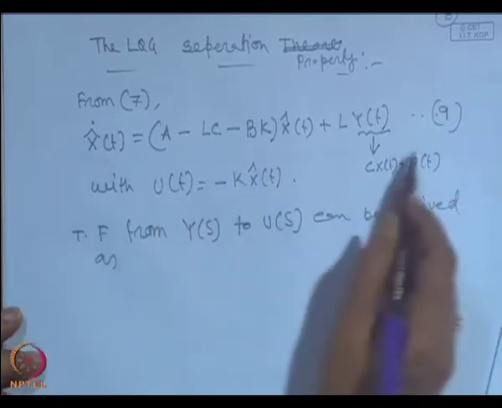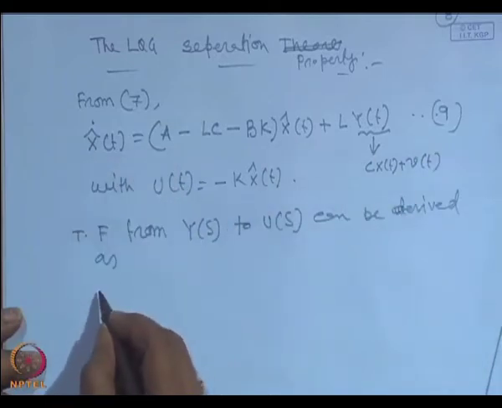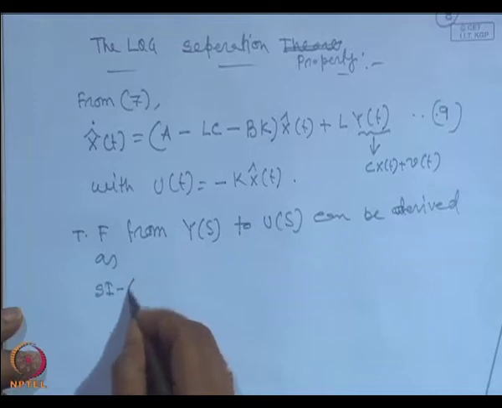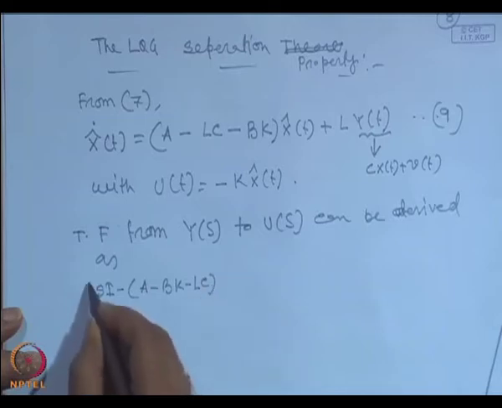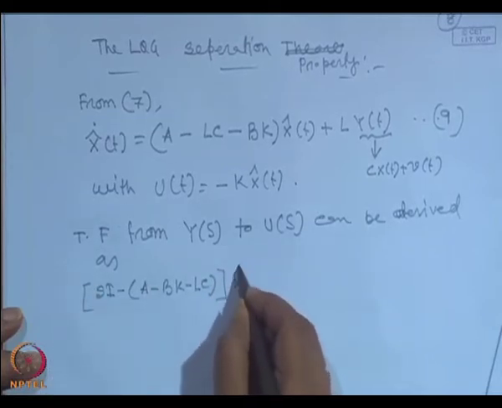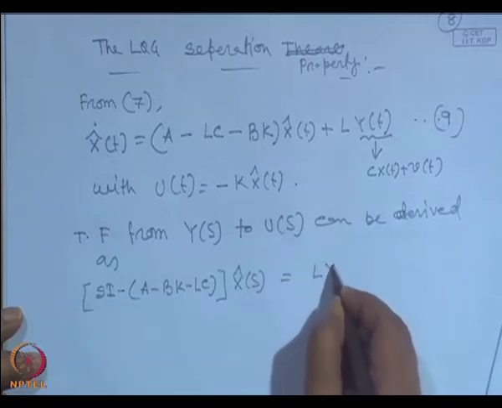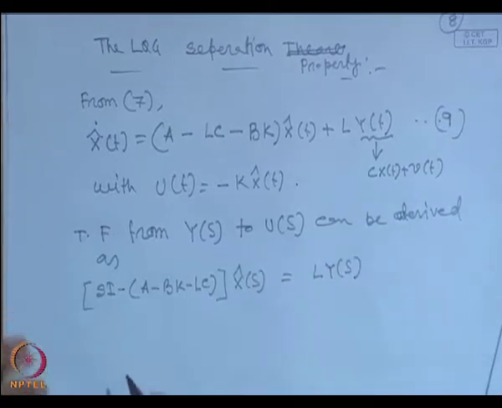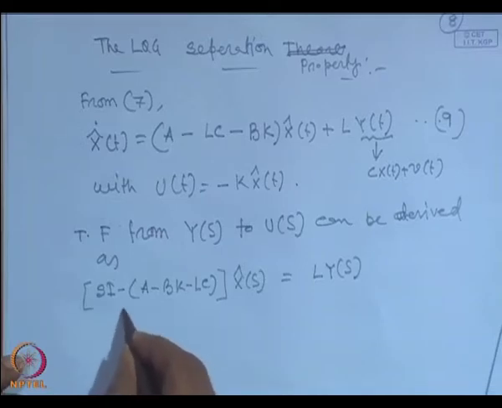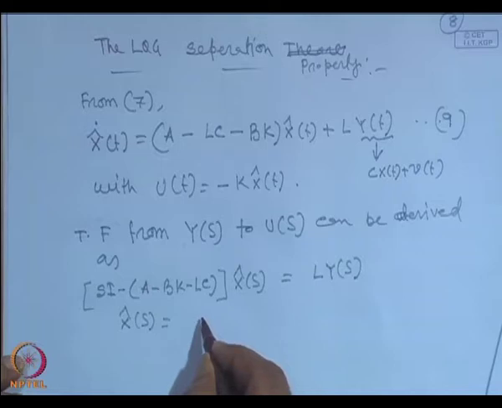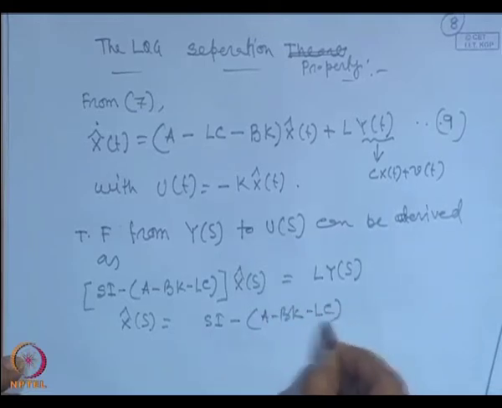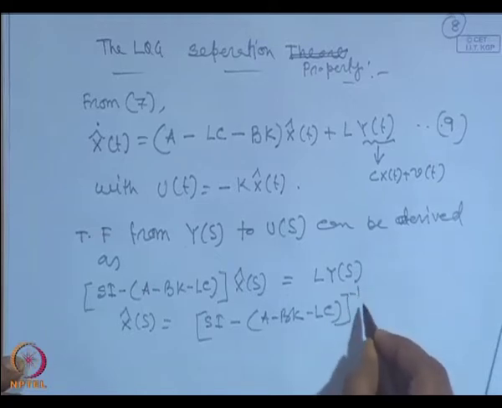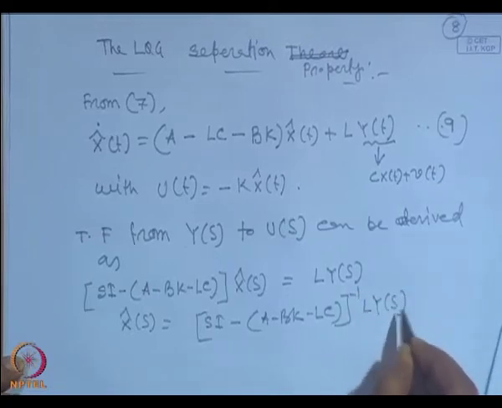Take the Laplace transform on both sides. I can write (sI minus A minus B K minus L C) times x hat of s is equal to L y of s, which gives x hat of s equal to (sI minus A minus B K minus L C) whole inverse times L y of s.